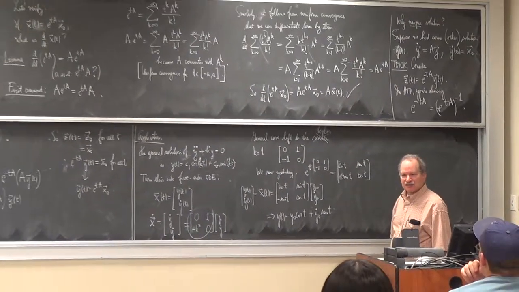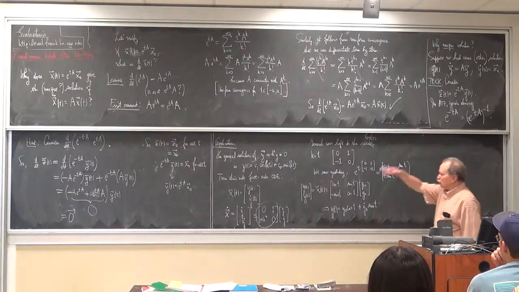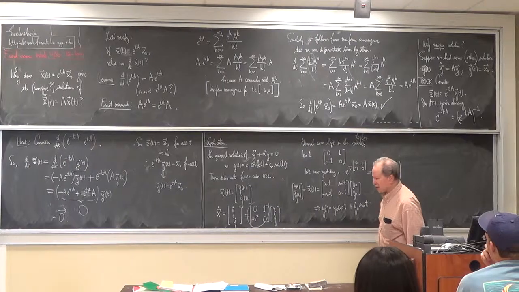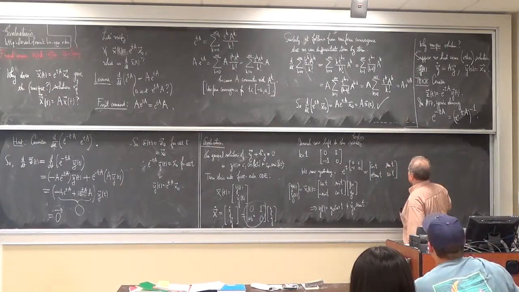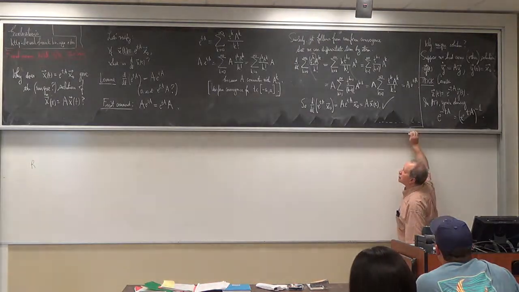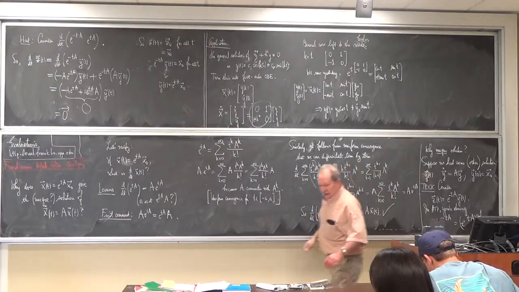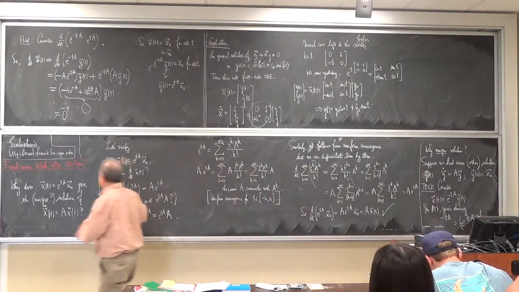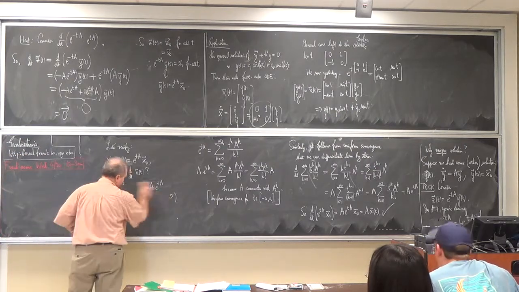Any questions on this? For future reference, I'm going to give you a more general version of this that's actually stated in the book, and we can use it as an application of some of our fancy stuff.